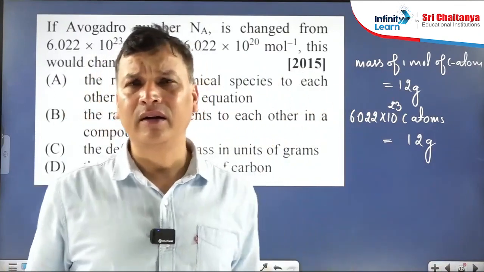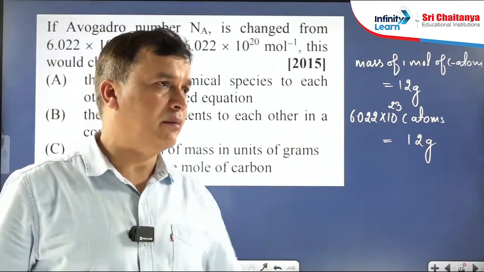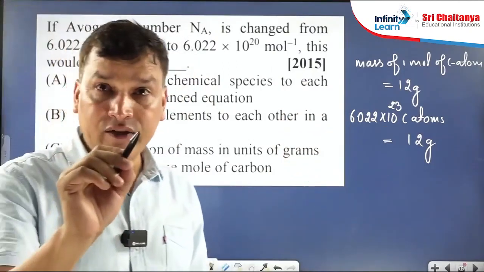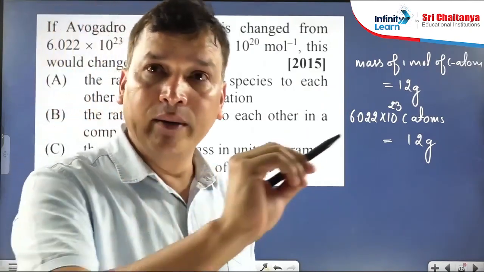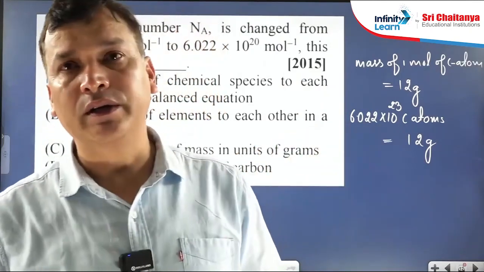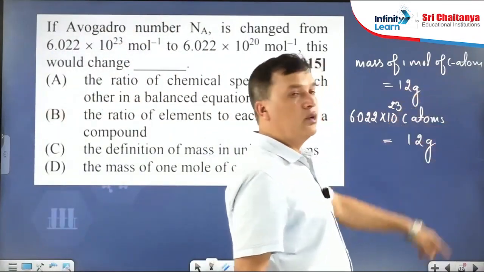For every element, if we are talking about the sodium, 1 mole of sodium is 23 gram. So means 6.022 into 10 raised to power 23 sodium atoms has a mass equal to 23 gram. In the same respect, mass of 1 mole of carbon is 12 gram.